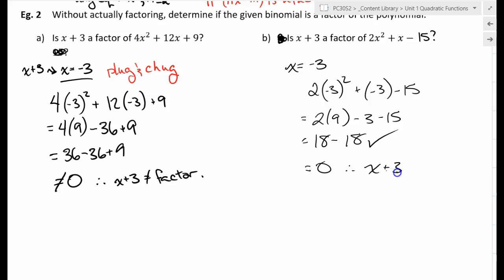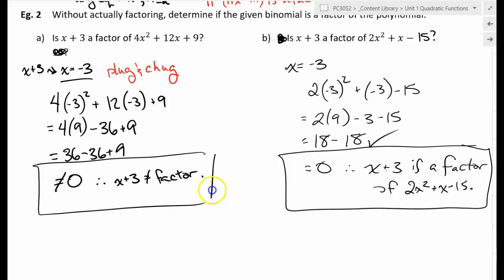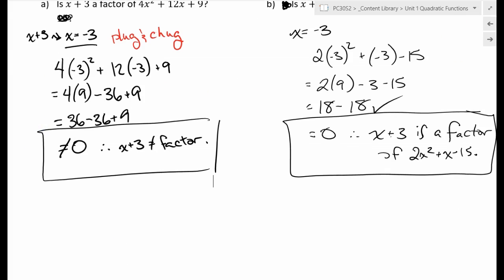Therefore, x plus 3 is a factor of this particular equation. Okay, so that's the difference. You isolate your x, solve for what it would be if this whole idea were true up here, and then you actually plug that value in and check to see if it does work.